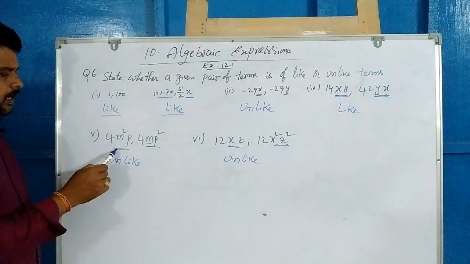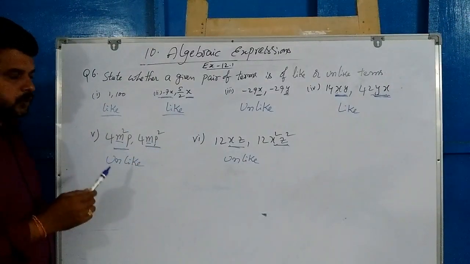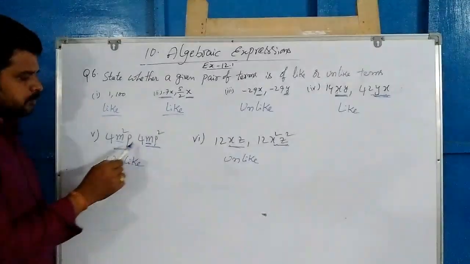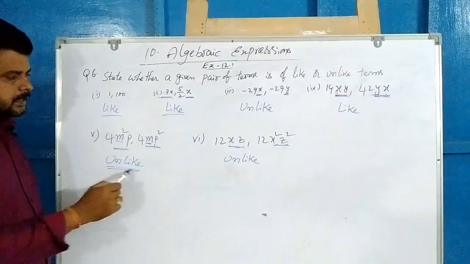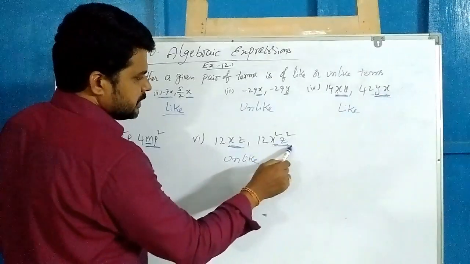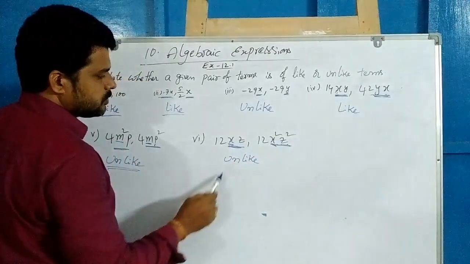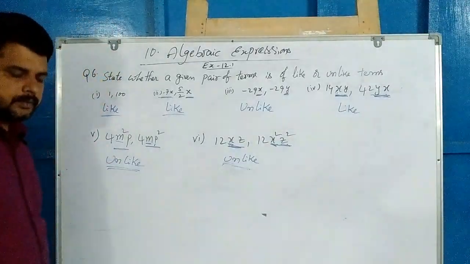Fifth one, m square p, m p square. m square means 2 m's; single m. So both are different, so unlike terms. Here also xy, x square, z square. So only 1 x here, x square means 2 x's, so unlike terms.